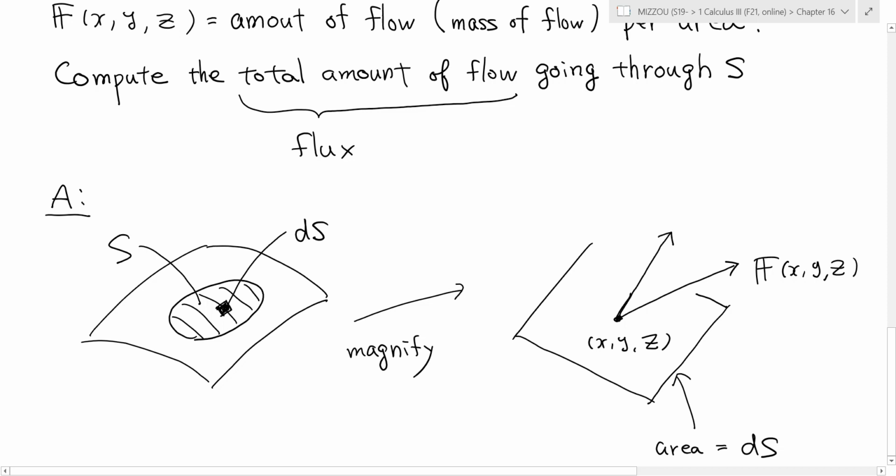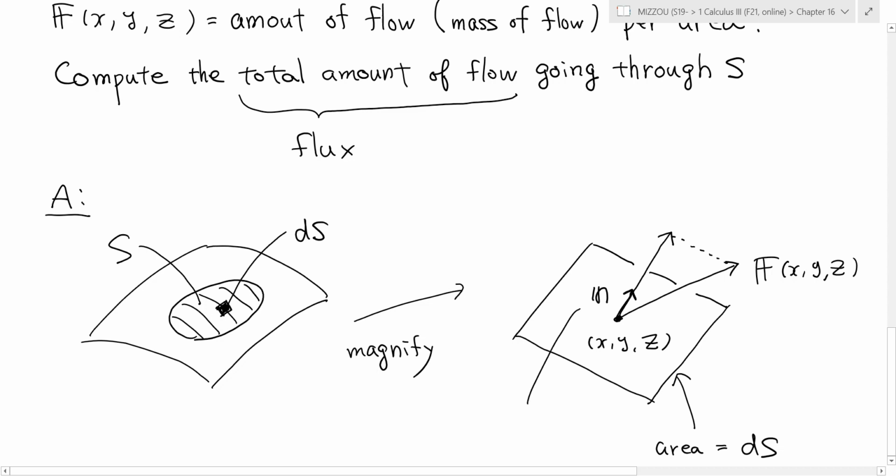Namely, suppose we put little n. n is the vector perpendicular to the patch, and only the component in this direction, the vector perpendicular to the patch, contributes to the flux.